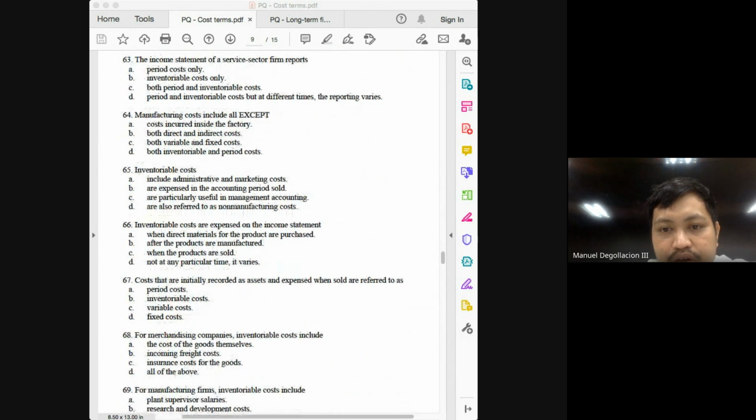65, inventoriable costs. Administrative expenses, class, definitely not inventoriable. Inventoriable costs are not expense, class. Okay, but they will be reported as cost of goods sold when? In the period in which they are sold. So letter B can be correct. But just to be sure, let's go over the other choices. Are particularly useful in management accounting.